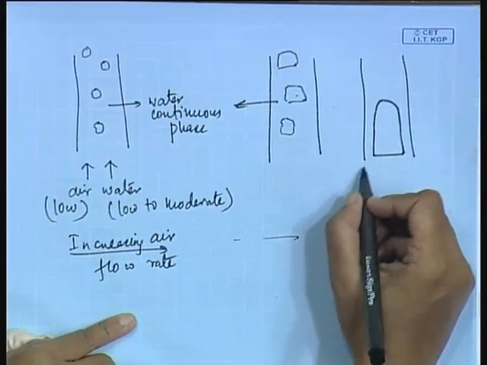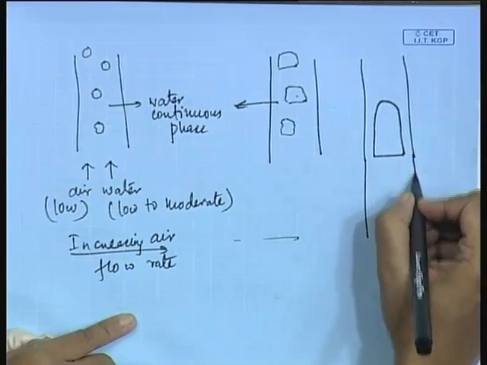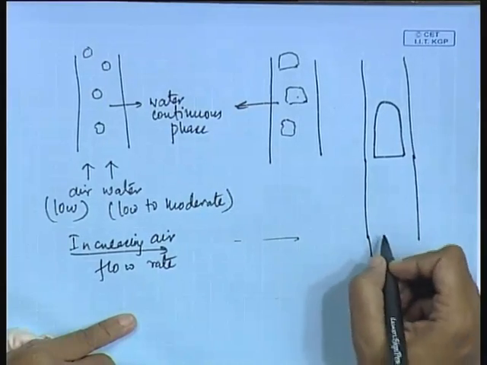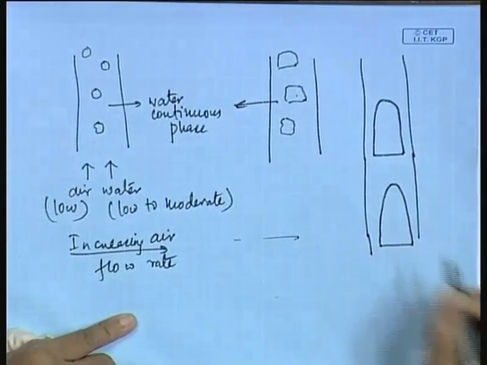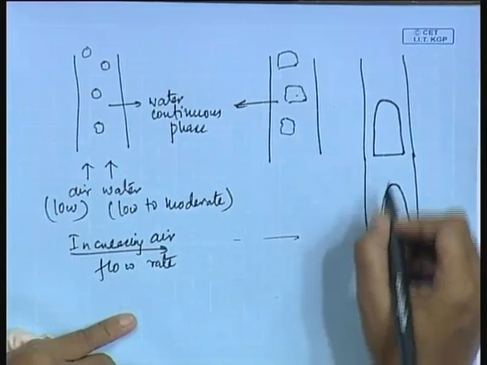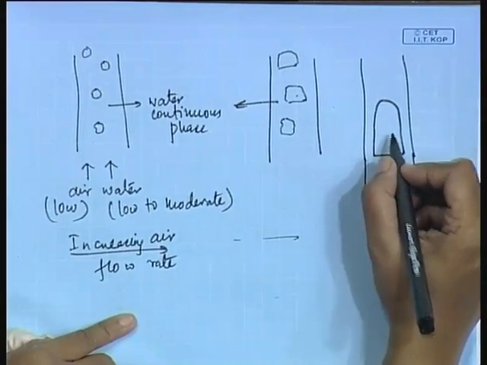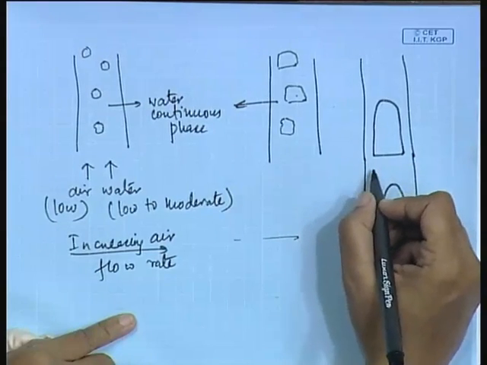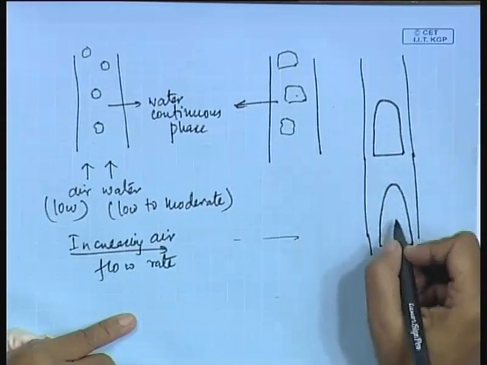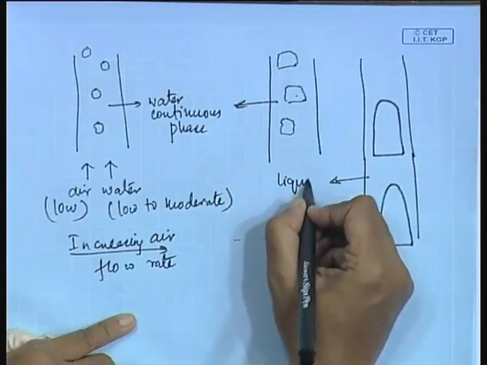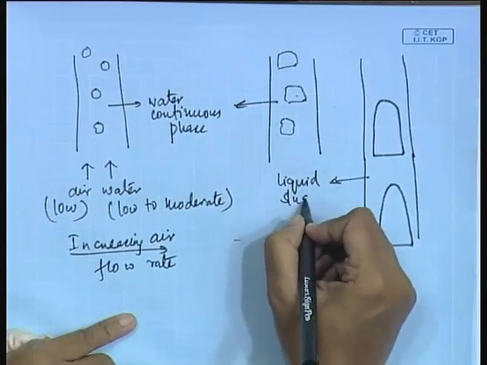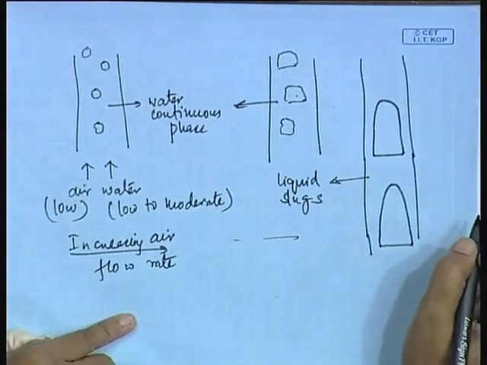Whenever we have this, the flow pattern is characterized by such elongated bubbles which are translating uniformly through the liquid phase, and in between these bubbles we have the liquid mass, which are usually known as liquid slugs.